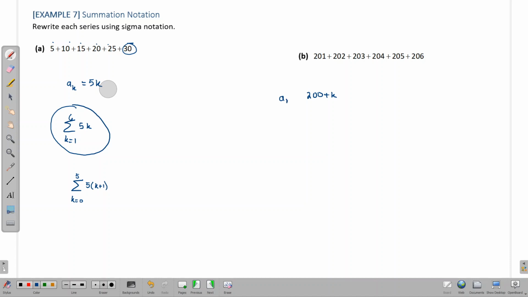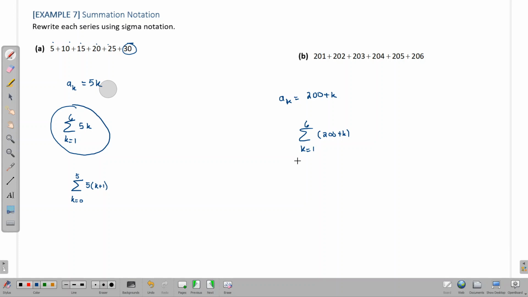This is the generator for this formula, so that the sum could be the sum of 200 plus k, where k starts at 1, so we have 201 as our first term, and then the last one that we're adding is 6. So kind of similar, basically the same limits as the previous one. This would generate this expression here.